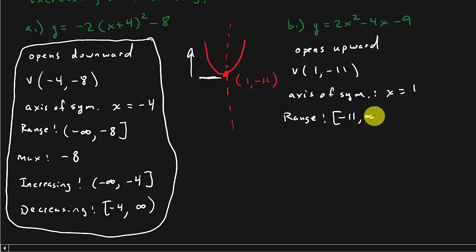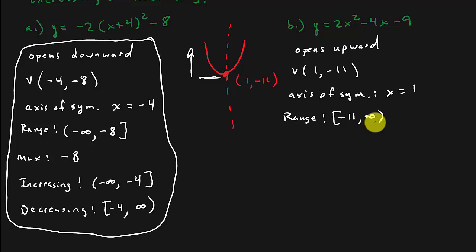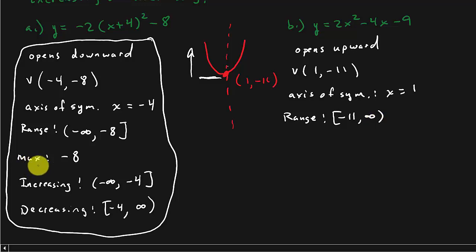And so negative 11 to infinity. And that's the range. And then we need to determine maximum or minimum value. Well, this is a parabola that opens upward. So this is going to be a minimum value. And it's where? Well, there's your minimum value, negative 11.